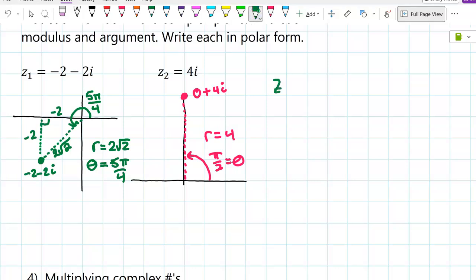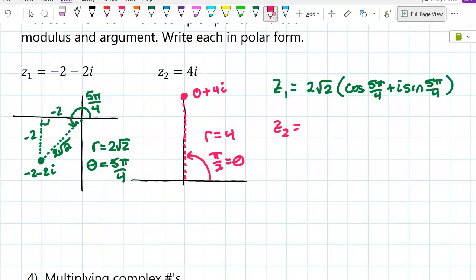So z1, we would write as 2 root 2 cosine 5 pi over 4 plus i sine 5 pi over 4. And for z2, our second complex number, we would write it as 4 cosine pi over 2 plus i sine pi over 2.